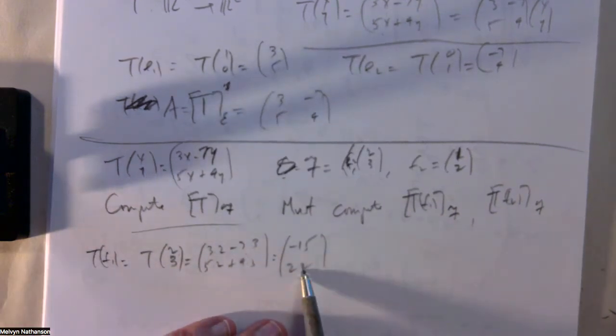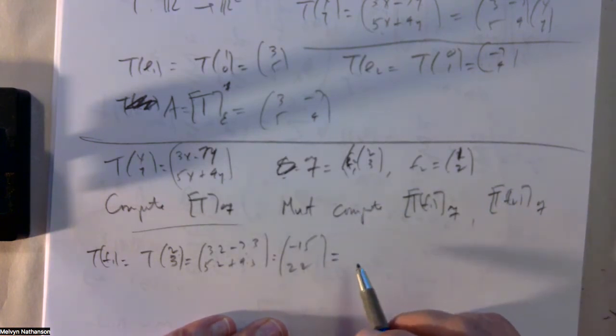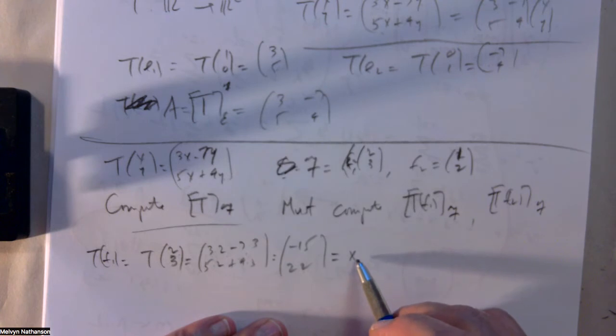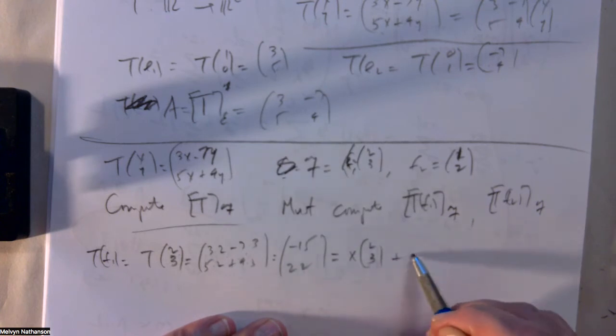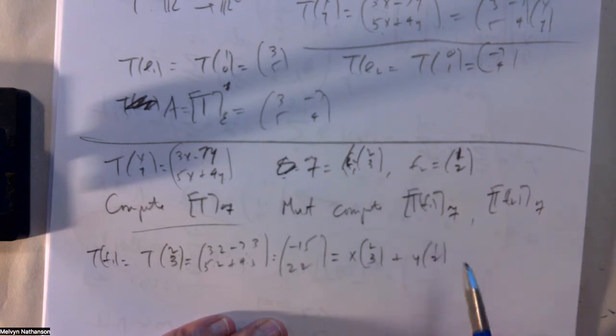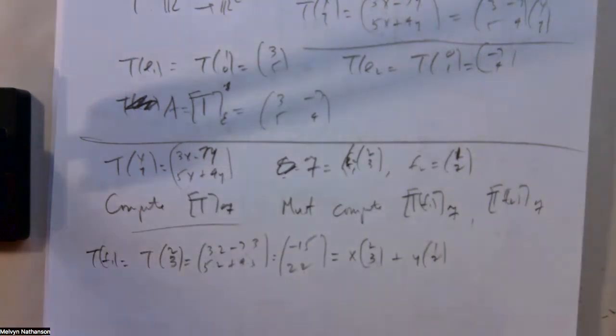But I have to write this as a linear combination of F1 and F2. I have to write this as some linear combination x times (2, 3) plus y times (1, 2). How do I do that? Fortunately, I already did it.